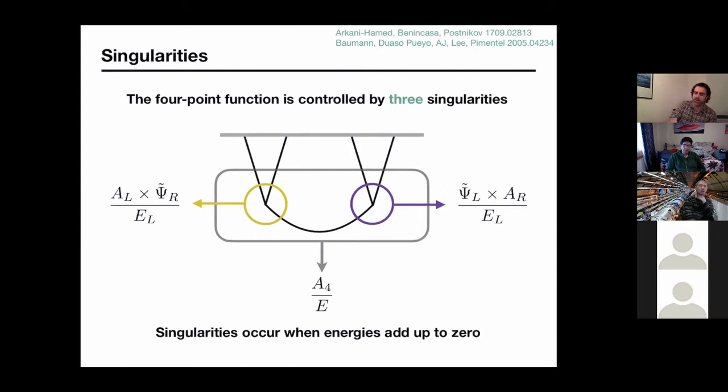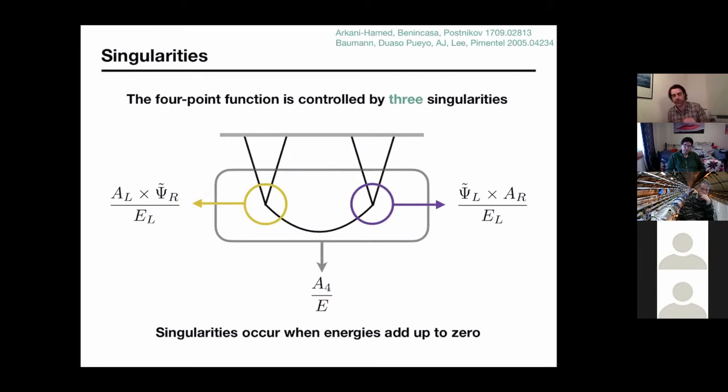It has a singularity like all correlators do when its total energy adds up to 0, whose residue is just the 4-point scattering amplitude for the same process. And then it has these partial energy singularities when the energy associated to one of the exchange vertices adds up to 0, whose residue we totally know. It's like a scattering amplitude times a difference of 2 3-point wave functions associated to the other vertex.